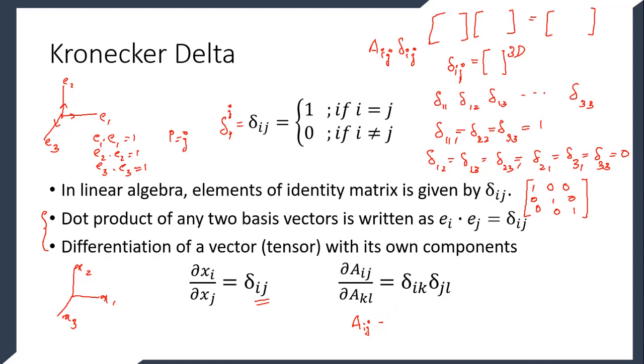Therefore, i should be equal to k as well as j should be equal to l. Therefore, it can be written as a combination of two Kronecker deltas, because i has to be equal to k and j has to be equal to l. Then only this equation will give you 1. In all other cases, this equation is going to give 0. Therefore, these are the uses of Kronecker delta.